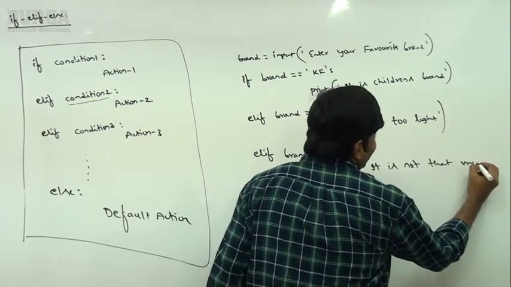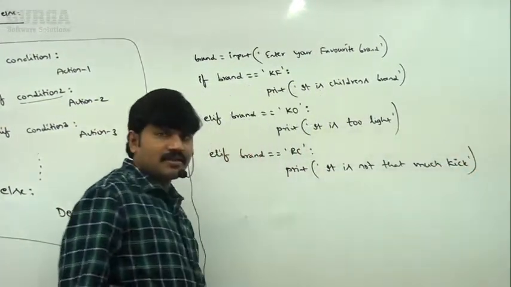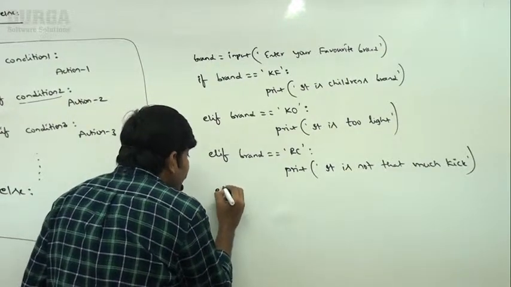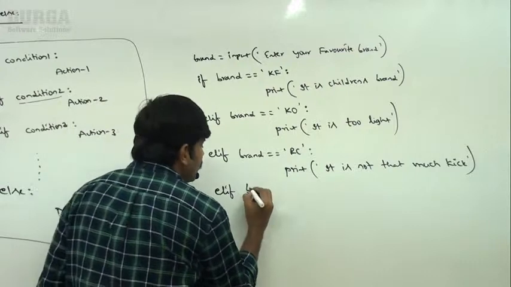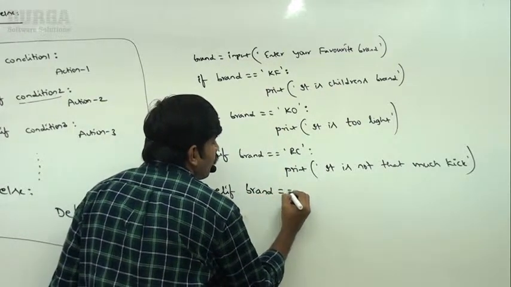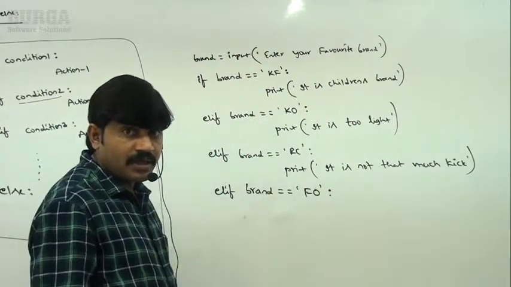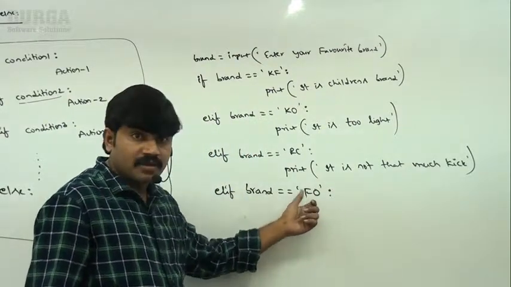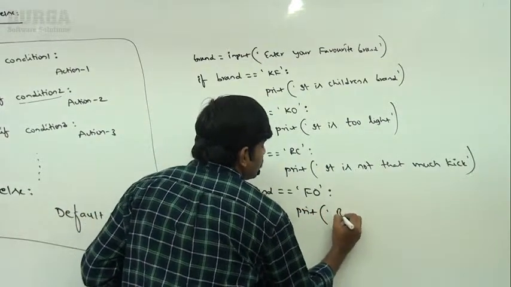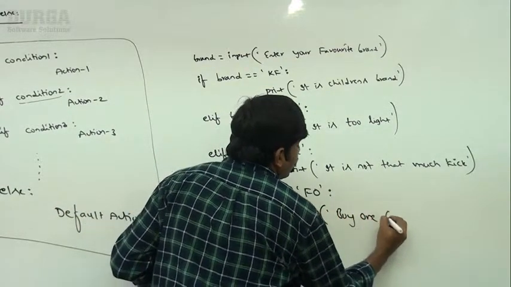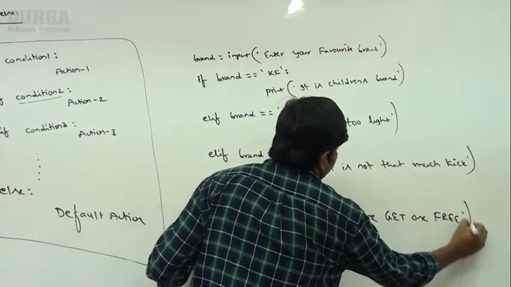Elif brand is equal to FO, which means Foster's beer, Italian or Australian beer. For this, the very common thing is buy one get one free.